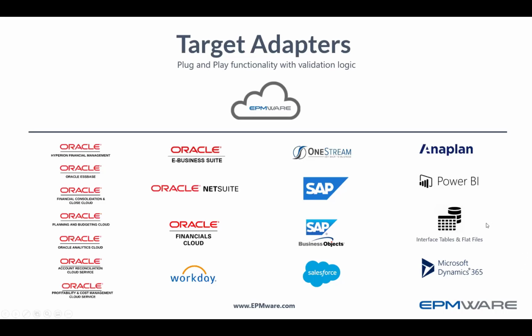And of course, interface tables and flat files are always an option. So you can manage the source metadata, but you don't have to use the supported adapter. You always have the capability of just deploying to a file that your downstream application can quickly pick up, and then use your existing automation process to load to your target applications.